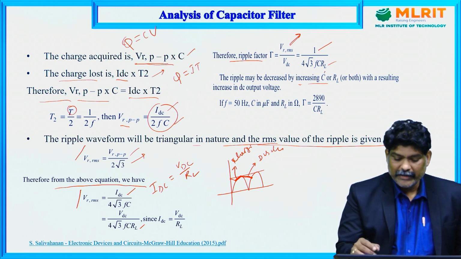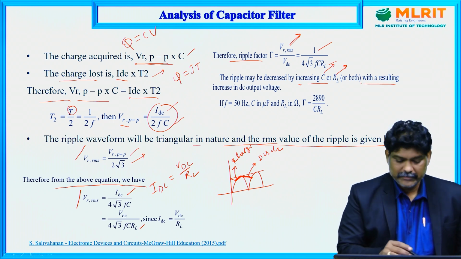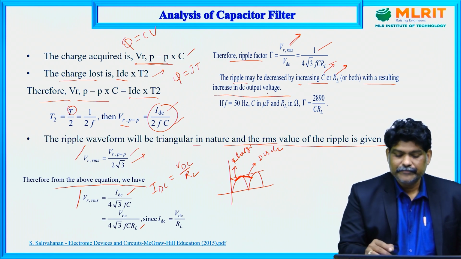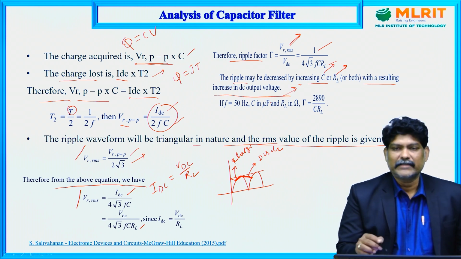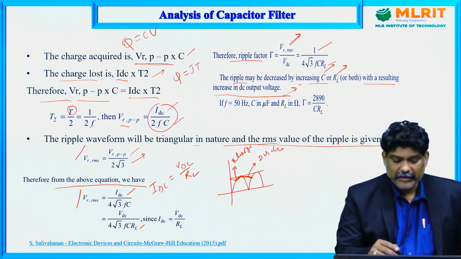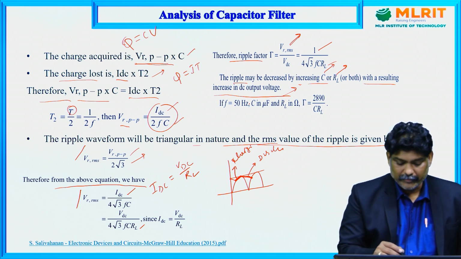Therefore we have to change the values of capacitor and load resistor to reduce the ripples in the output waveform.